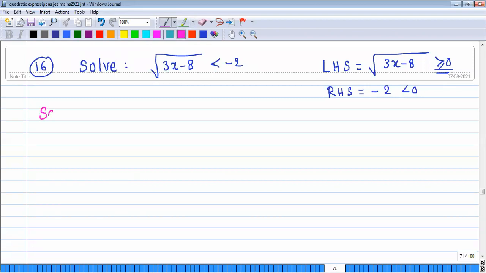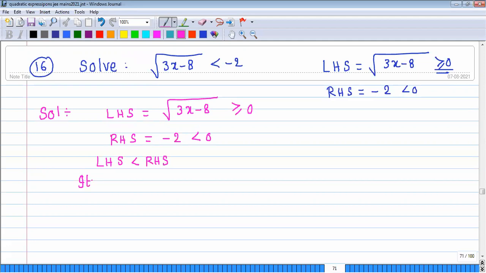So now the solution is: LHS, that is root over 3x minus 8, will be greater than or equal to 0. RHS is minus 2, which is obviously less than 0. According to the problem, LHS should be less than RHS.